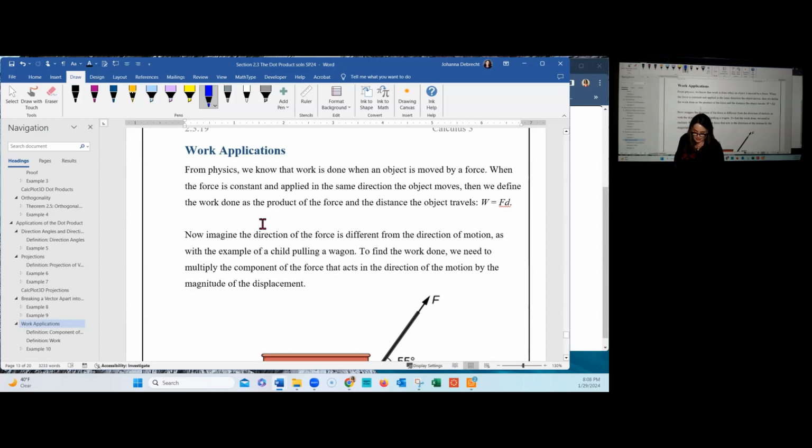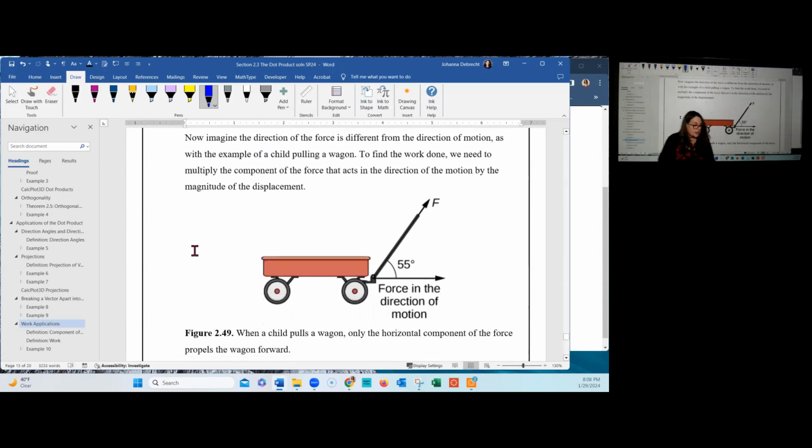So the classic example of this, of course, is a child pulling a wagon. The force is upward and to the right, but the wagon is moving horizontally. So the only part of the force that's actually producing the motion, of course, is the projection in the direction of motion. In this case, the horizontal component of the force.